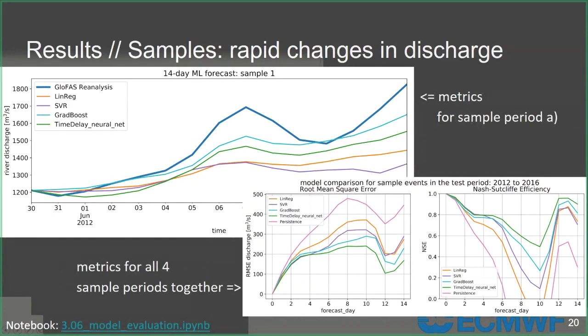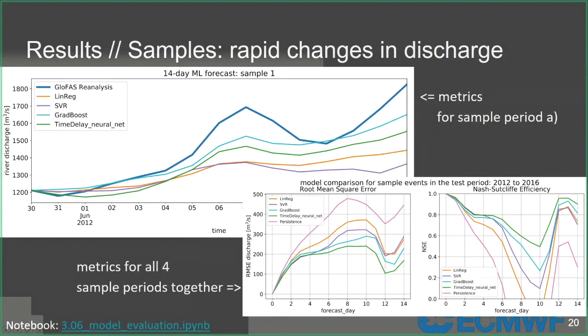And if we take all 4 periods together, so we leave out the time spans where there were only slight changes in discharge, and we only look at the impactful time periods, then we see much lower Nash-Sutcliffe efficiency values because it is more difficult to predict the discharge then.